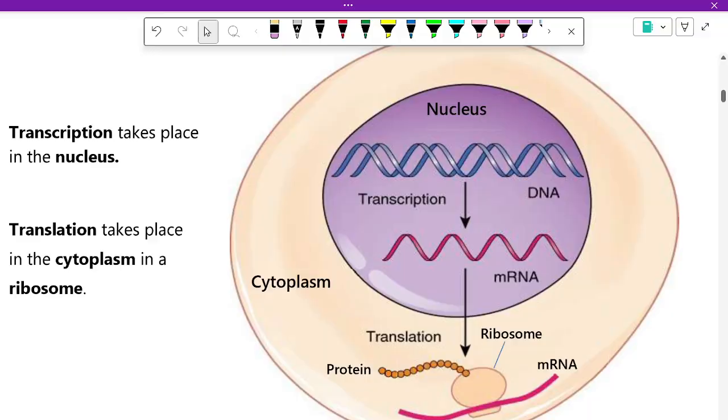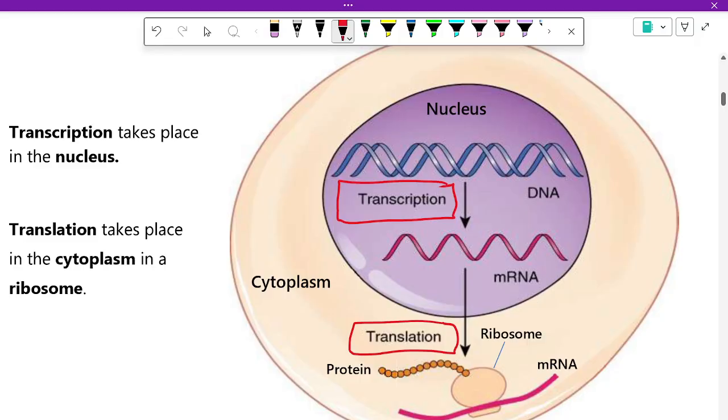You can see here, transcription takes place in the nucleus and translation takes place in the cytoplasm in the ribosome. So far, so good? Okay.